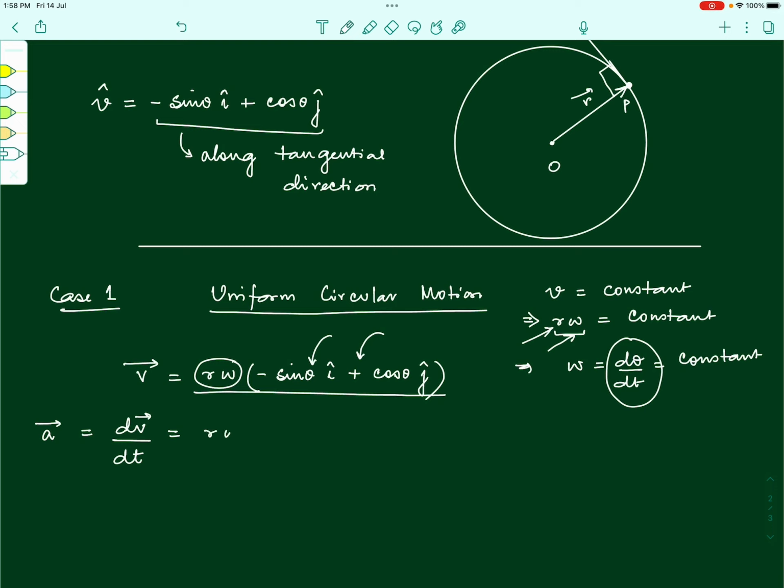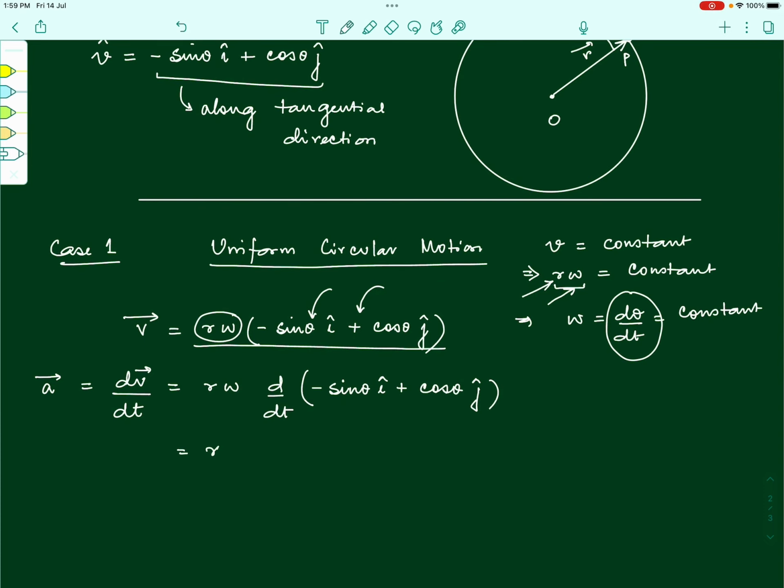So we'll keep r omega outside and we shall do d by dt of minus sin theta i cap plus cos theta j cap. We have done this above also, so let us see how we get it. We differentiate sin theta first, we get a minus cos theta, but since we are differentiating with respect to t, we have to put a d theta by dt, i cap, plus differentiation of cos theta is minus sin theta, and then once again d theta by dt, j cap, right?